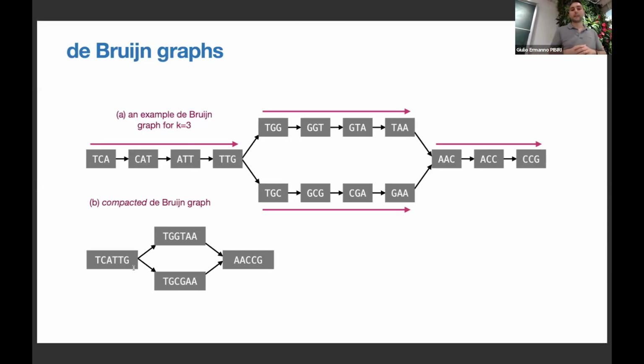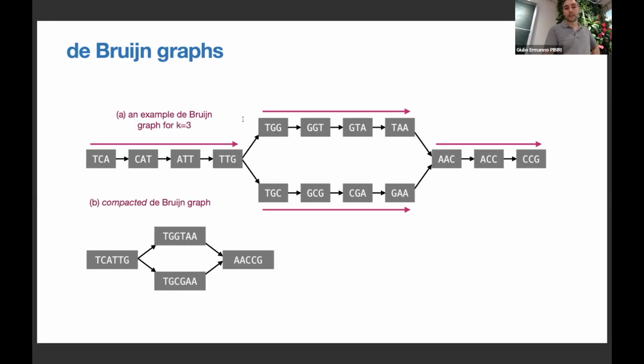So if you're familiar, for example, with tries, this is exactly what we do from a trie to a compacted trie. So we collapse all the strings together. So we collapse all the nodes by gluing all the characters stored in the nodes into a string. And here we are doing exactly the same.